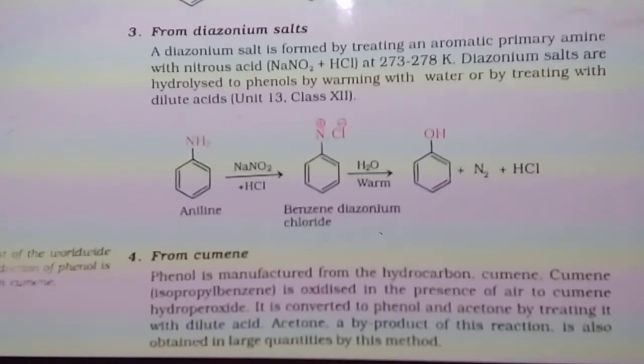We can derive phenol from a benzene diazonium salt. First of all, we have to make a benzene diazonium chloride salt.